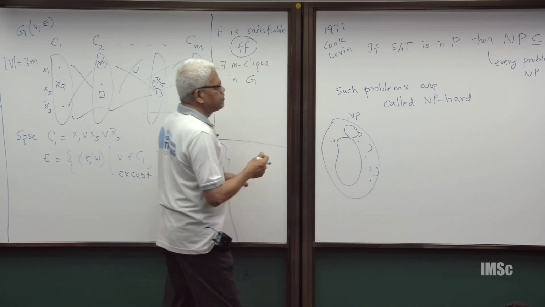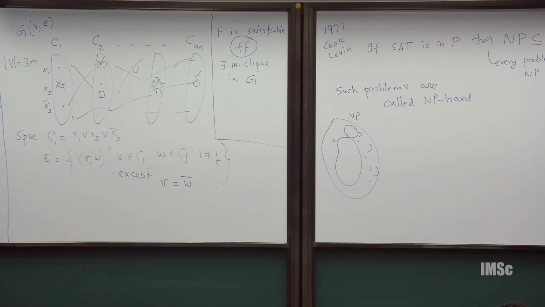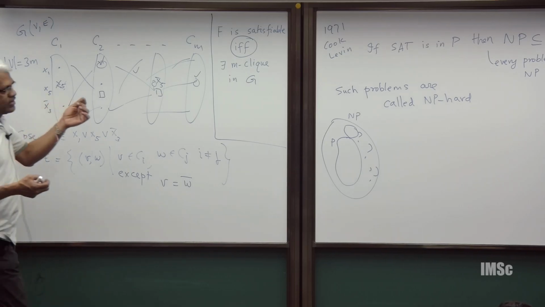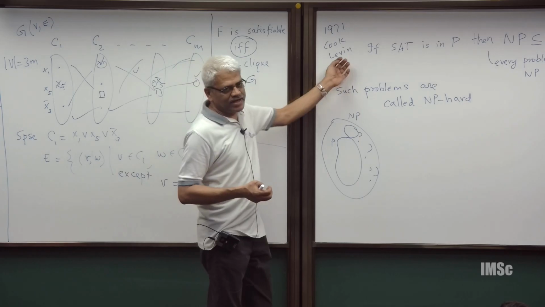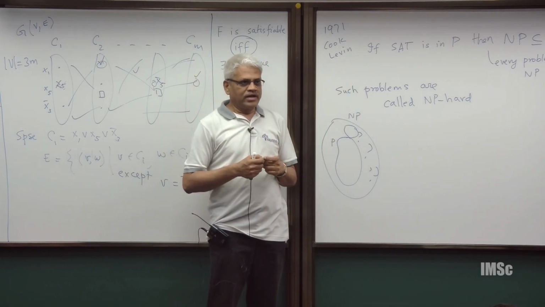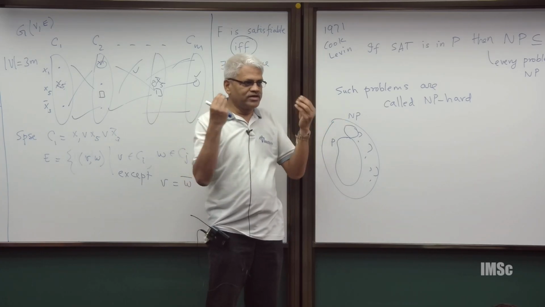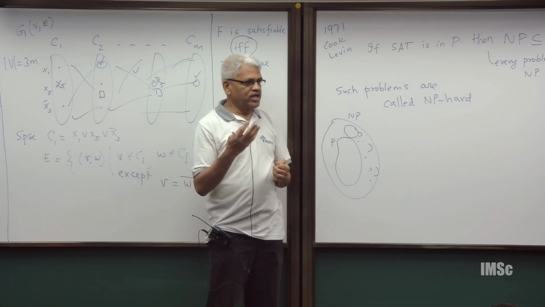And now after Cook and Levin showed this in 1972, Richard Karp came, and by the way, the result at that time was not stated like this. Their paper was titled "The Complexity of Theorem Proving Procedures" or something like that. Even the term NP was not there at that time.